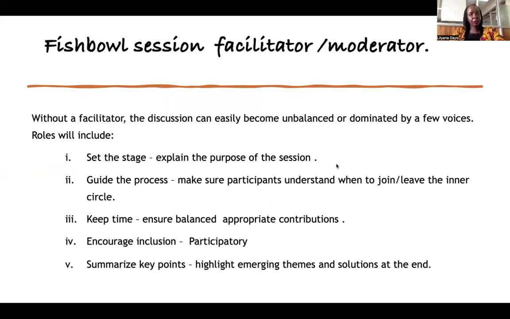Some of the roles of the facilitator will be: 1, to set up the stage, during which he or she explains the agenda of the session; guide the process of discussion, ensuring that every participant understands when to join in the inner circle or leave for the others also to contribute; keep time, ensure that there's a balanced time allocated for both those in the inner circle and outer circle; and encourage active participation. At the end of the fishbowl session, the moderator highlights the emerging themes and solutions as suggested by both participants.